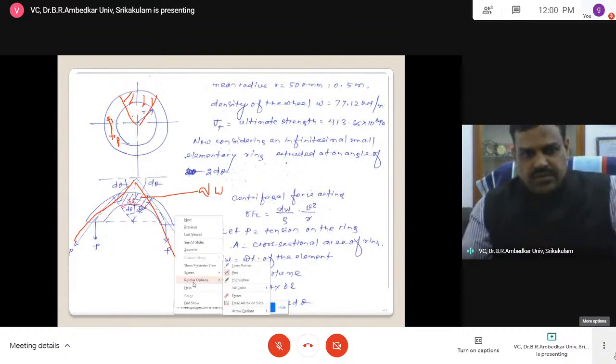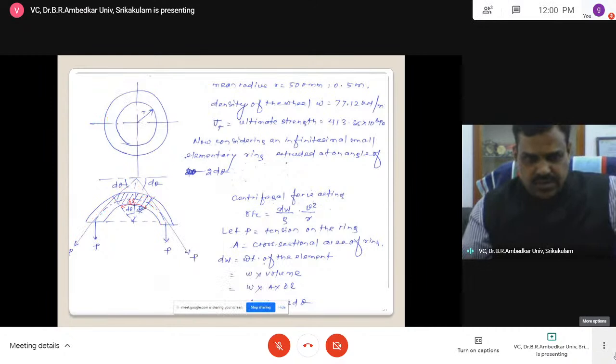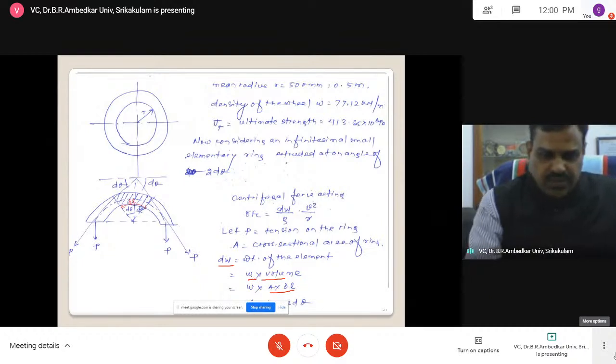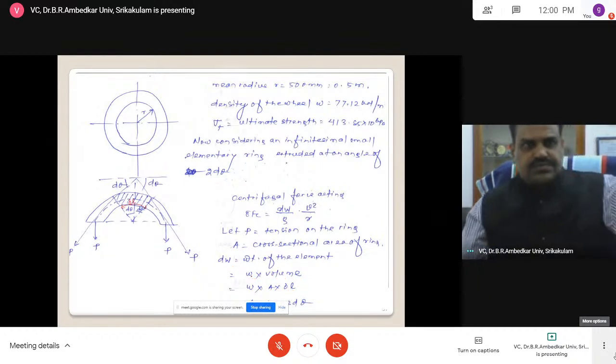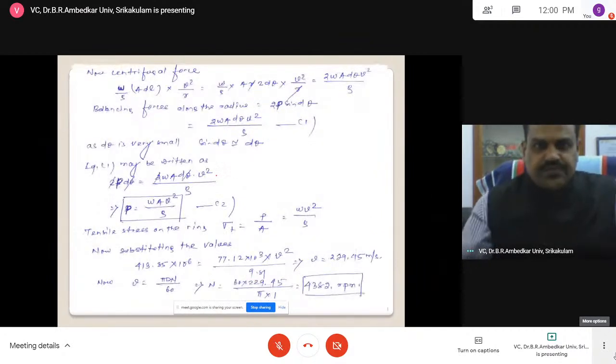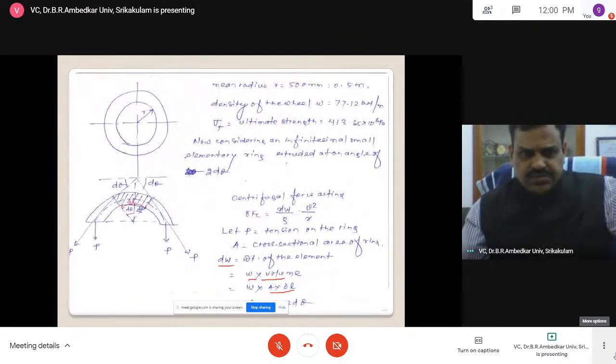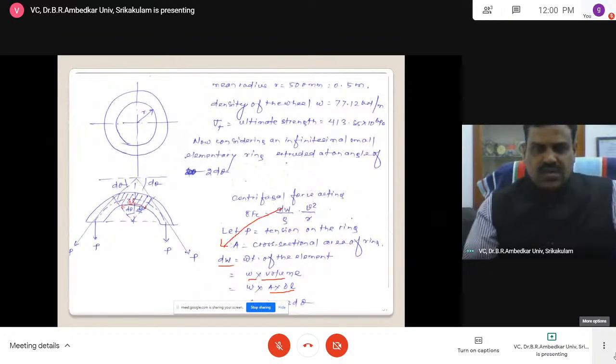So now that's what we will show here. The weight of the element is equal to weight density into volume. The volume is A dl and this is the mass density. It is given as an input. Now integrate, substitute here this mass and this is the velocity, v square by r.